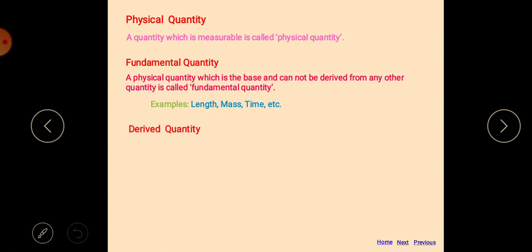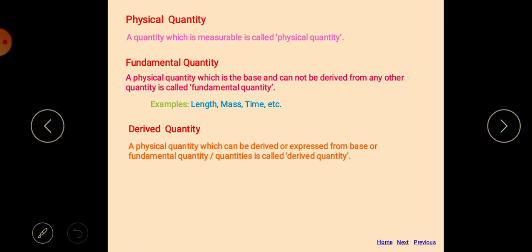Then derived quantities, surely these quantities can be obtained by using fundamental quantities, and definitely they depend upon fundamental quantities. A physical quantity which can be derived or expressed from base or fundamental quantity or quantities is called a derived quantity.